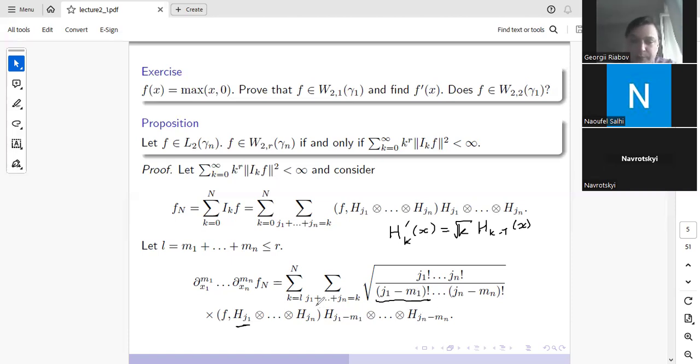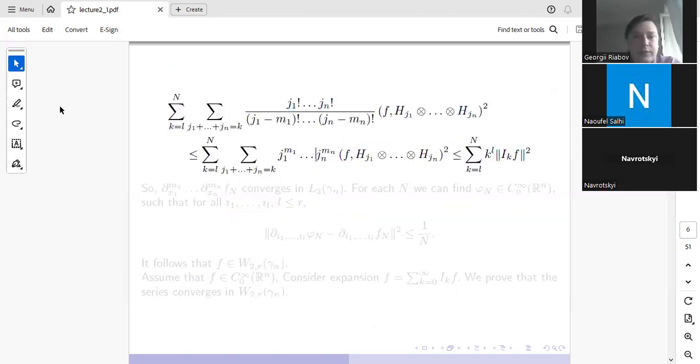Of course, here must be an assumption that m1 is less or equal to j1, but I don't write it here. If m1 is bigger than j1, then the corresponding summand will be 0. So we get such an expression for the derivative of Fn.